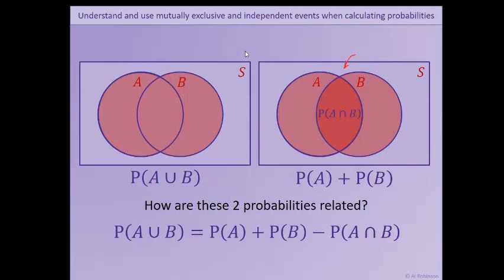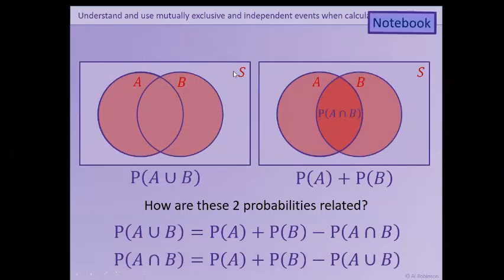You've worked out the probability of A, and then the probability of B, but in doing so, you've included the middle part twice, which is why you subtract it once. Okay. The probability of A intersect B, you can then rearrange that. So if you take that over and take the union over to the other side, it is the following, okay?